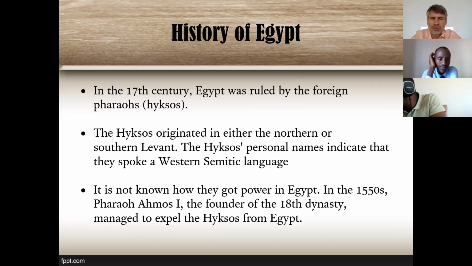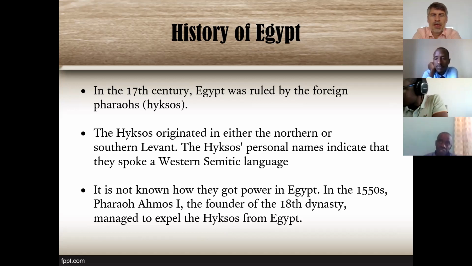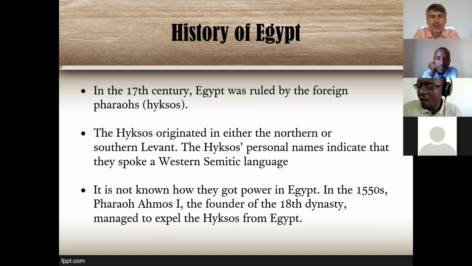So what happened during this second period between the Middle Kingdom and the New Kingdom? We know that at that time Egypt was very, very weak as a country, and it was also the time when the power in the country was given to the so-called Hyksos.